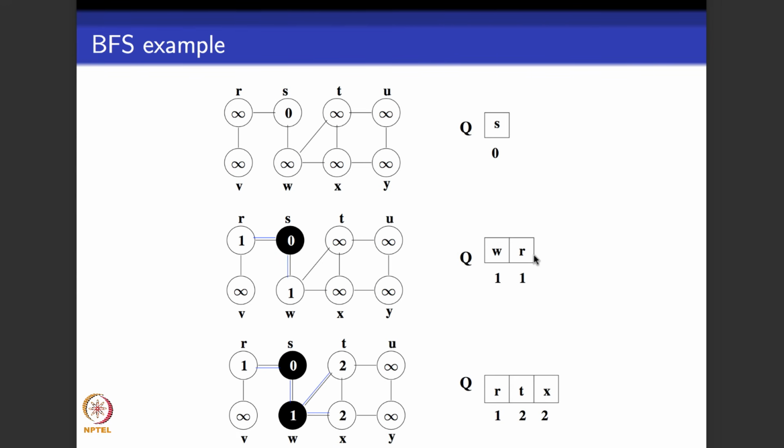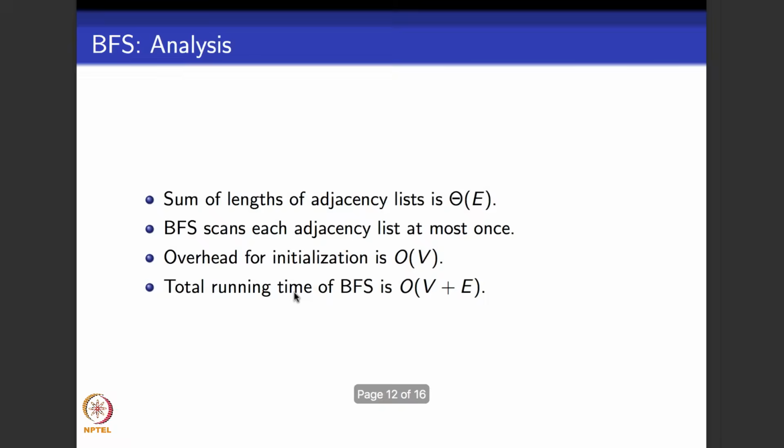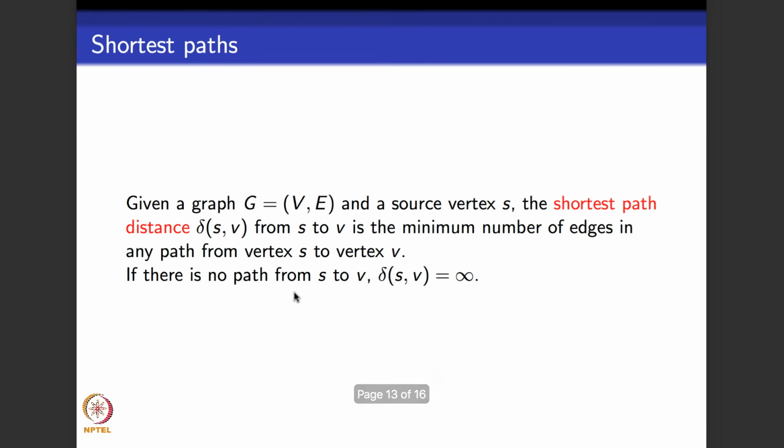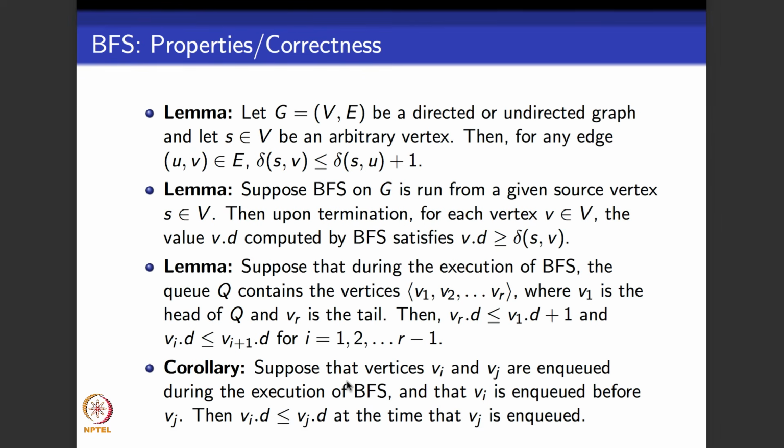And I told you at that time itself, there's no sanctity about it. I could have put R first and W next. I would have got a slightly different breadth first tree, but nonetheless, they would still be the shortest path distances from the source, right? That's what these lemmas say. Enqueuing and dequeuing respects the distances of the vertices, right?